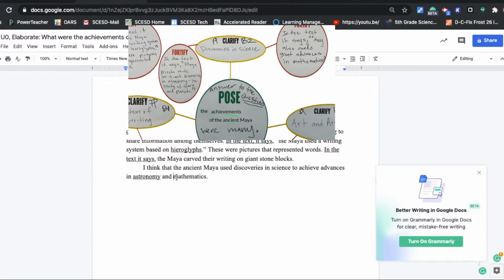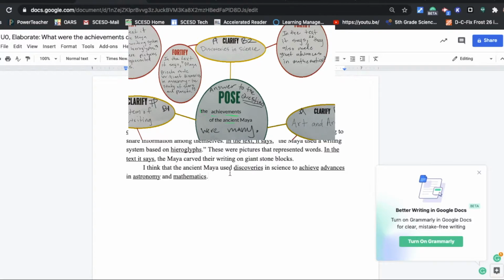I can underline mathematics. Discoveries is another one. And there's just a lot of content-specific and academic words just because we used what we learned from the text. Now we're going to use it later in direct quotes to support what it is that we've said, because we've understood this from these two pieces of textual information.